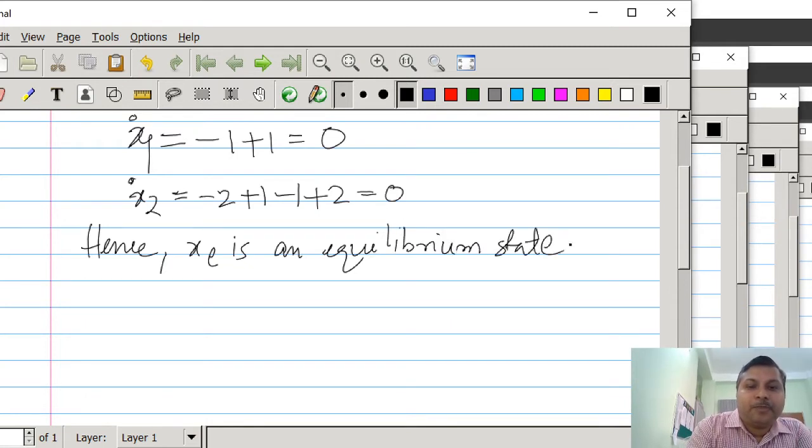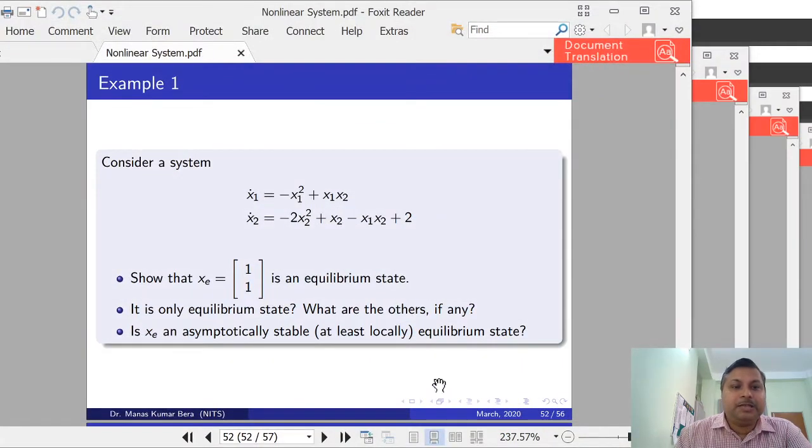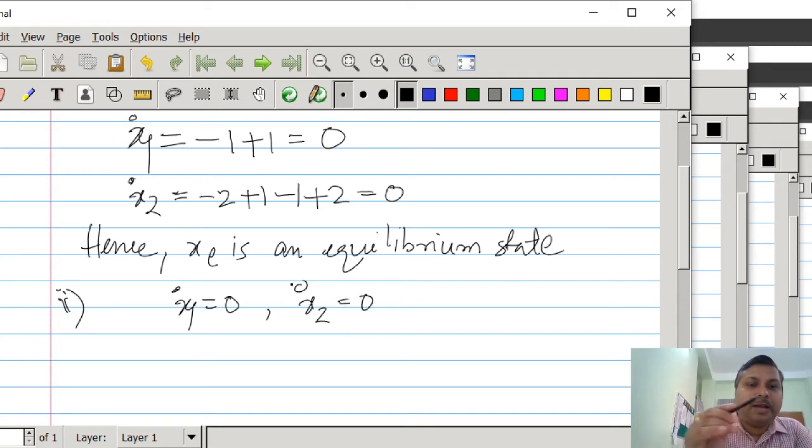Okay, now the second question has been asked, is it the only equilibrium state, what are the others if any. So to investigate that one, from the definition of the equilibrium point, we know that x1 dot must be equal to 0 and x2 dot must be equal to 0, and from there we have to find out the solution of the equations to find out the equilibrium states.